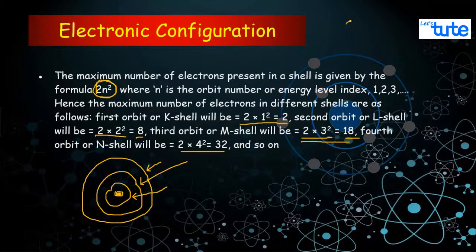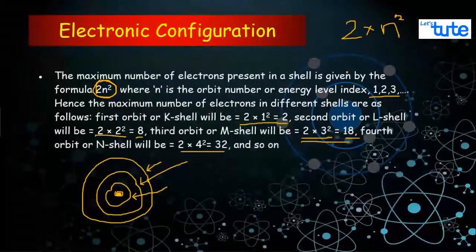In place of n, you can substitute 1, 2, 3, 4, 5, any number. If you want to find the maximum number of electrons in the first shell, you substitute 1 in place of n. So 2 multiplied by 1 squared gives you 2.